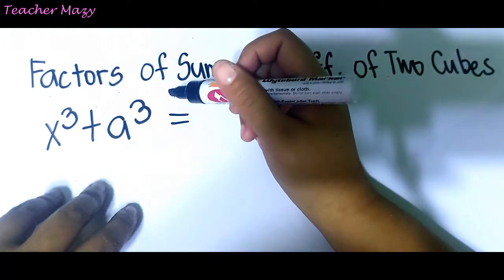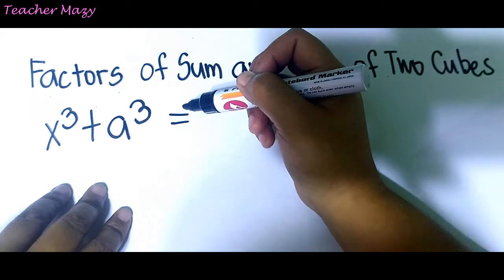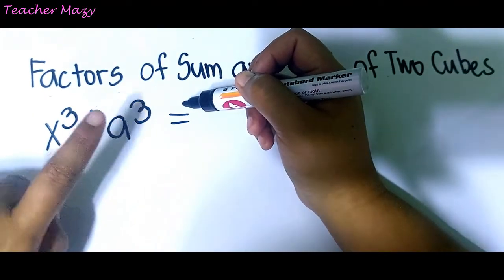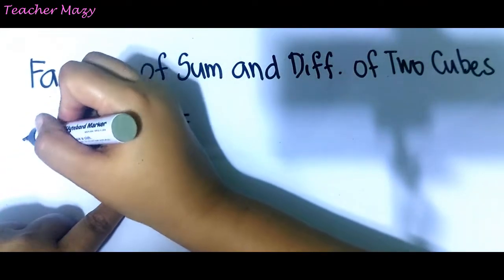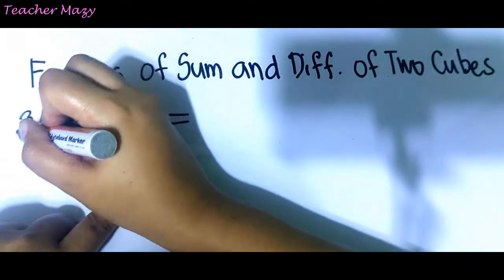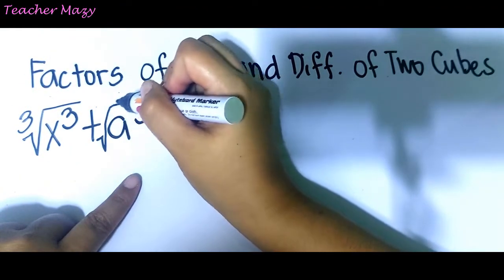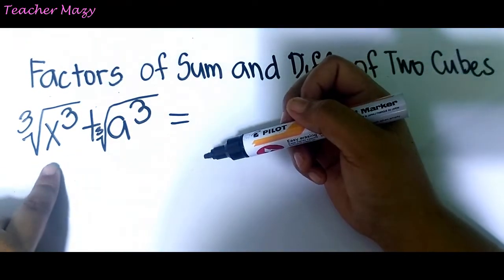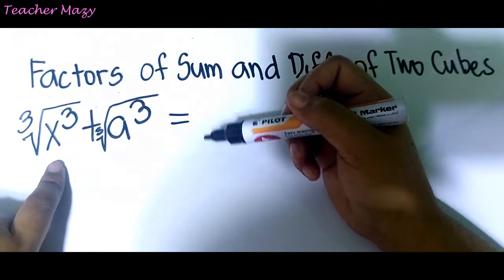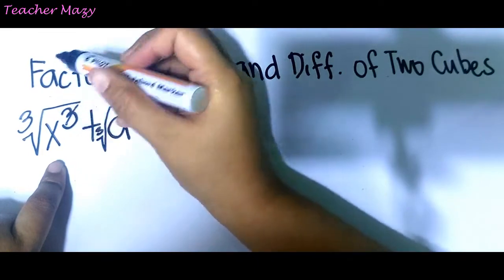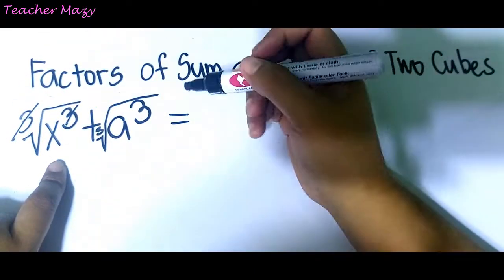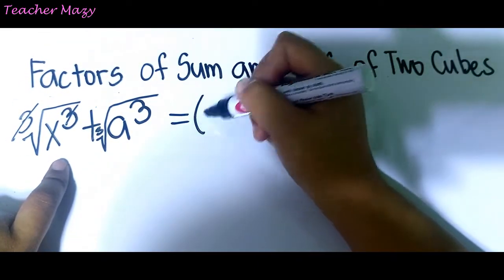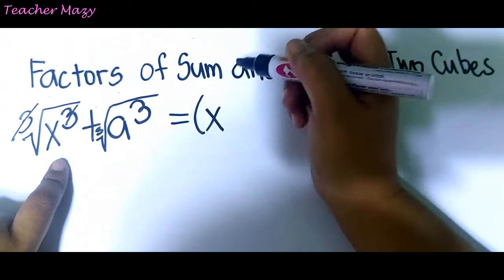For the first step, we need to get the cube root of the first and second term here. So the cube root of x cubed. Since both of them are cubes, we just cancel it, and we have x.